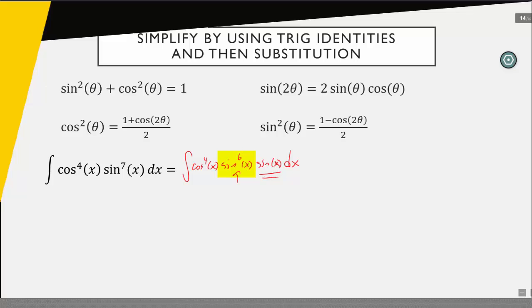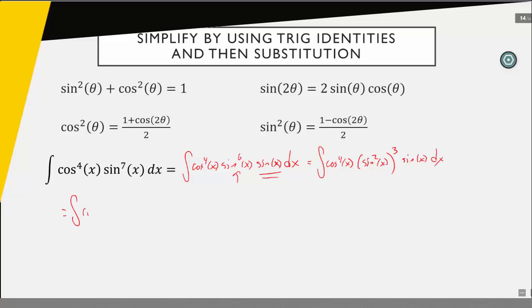Well, this might be a little more complicated because I don't have just sine squared, but I can rewrite this as sine squared of x raised to the third power, times my extra factor of sine of x dx.